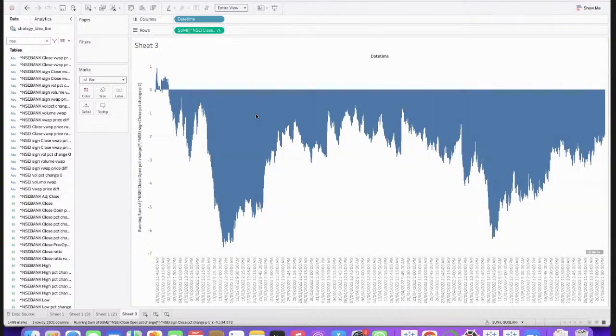It doesn't seem that the previous candle is positively correlated.